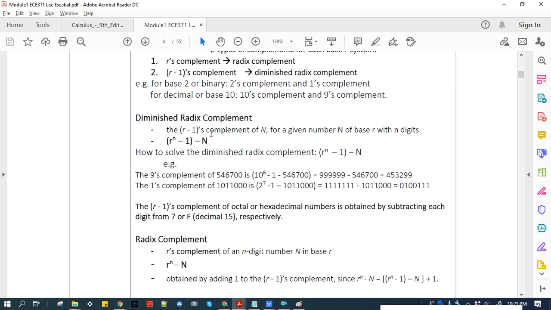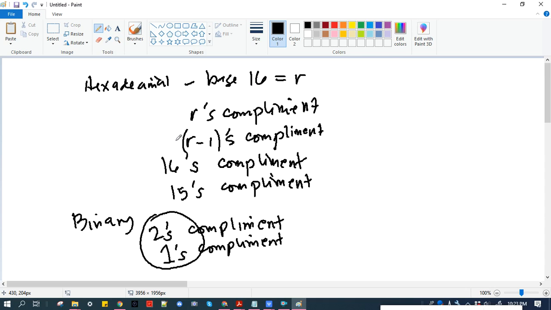The R minus 1's complement of N for a given number N of base R with n digits is equal to R to the n minus 1 minus N. Remember, R is the base, small letter n is the number of digits and capital N is the number itself. So remember this formula.